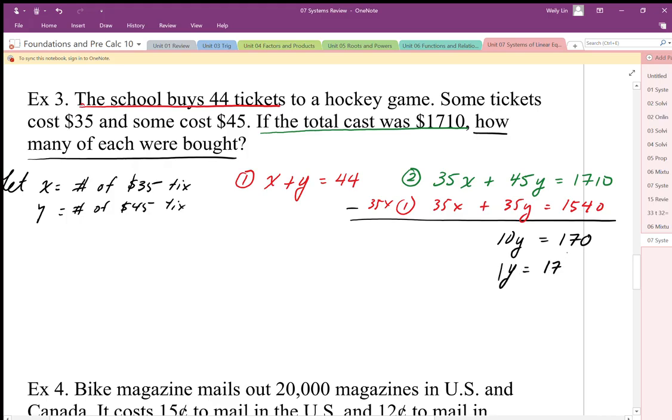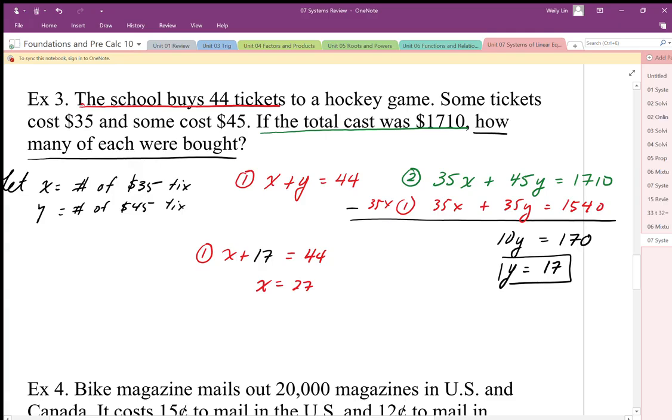Looks like there's 17 tickets sold for y, for the $45 tickets. We're going to back substitute into equation 1 to solve for x. So we have x plus 17 equals 44. So the number of $35 tickets sold ends up being 27 tickets.